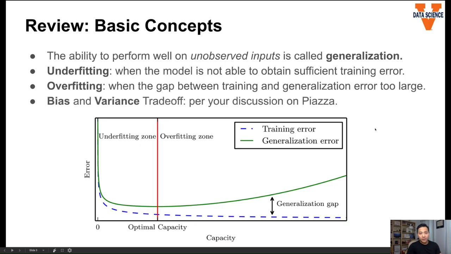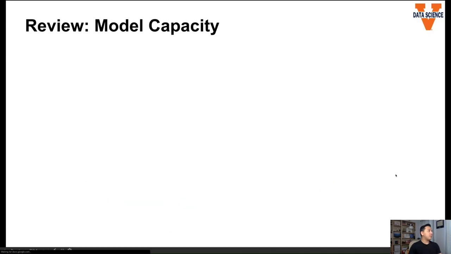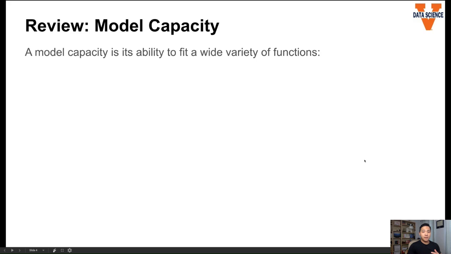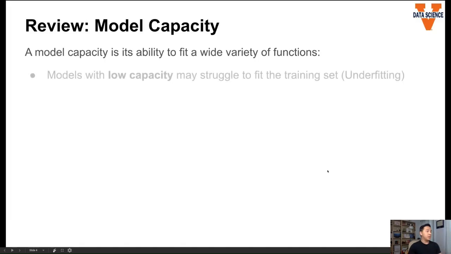We have a discussion on Piazza on the bias and variance trade-off, so hopefully it'll give you some insight. Now, model capacity is important here because of the variety of functions you can fit, the variety of different network architectures you can build in a neural net.